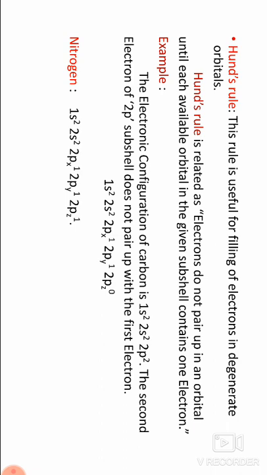Okay, in this topic, state the principles of Pauli and Hund's rule. Then next, write the anomalous configuration of chromium and copper.